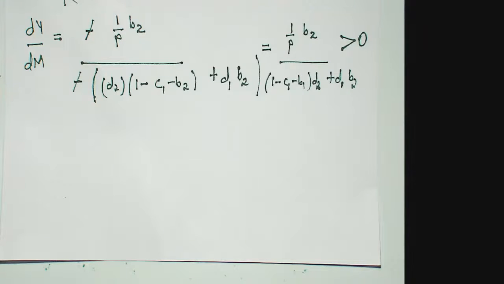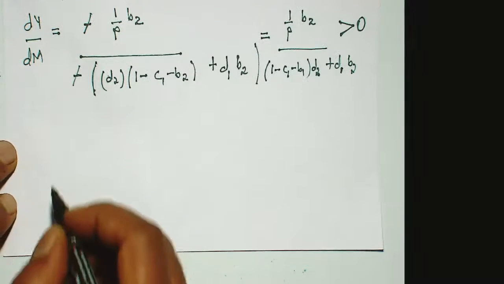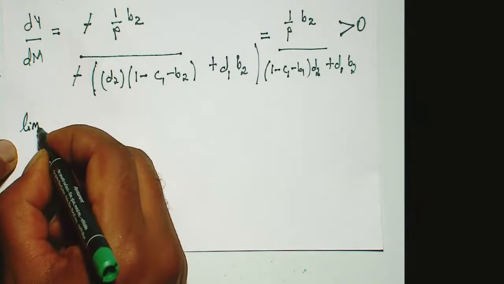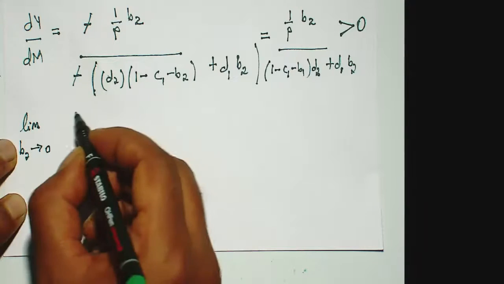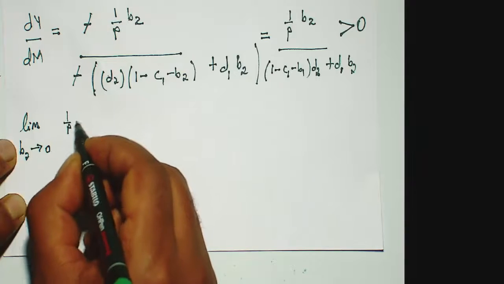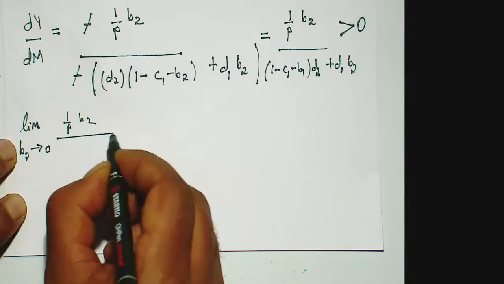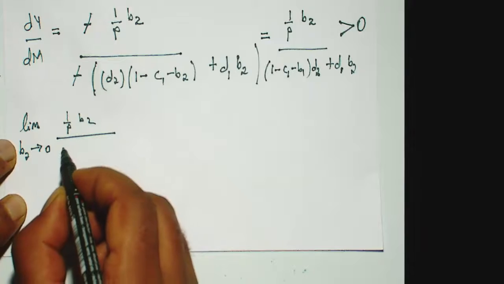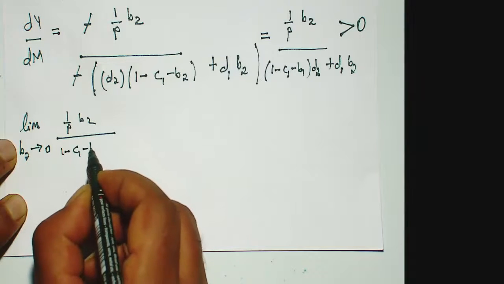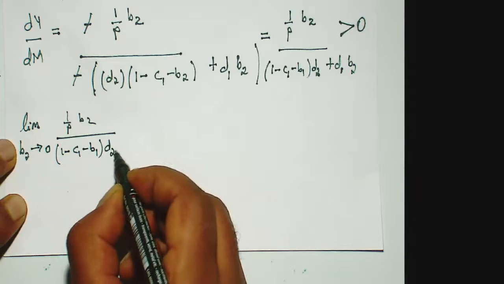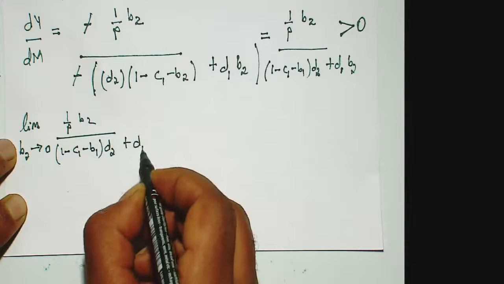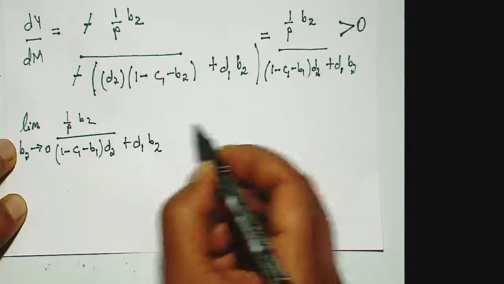So we have said that we want to determine the limit of our equation when b2 converges to 0. We had 1 over p b2 divided by 1 minus c1 minus b1 multiplied by d2 plus d1 over b2.